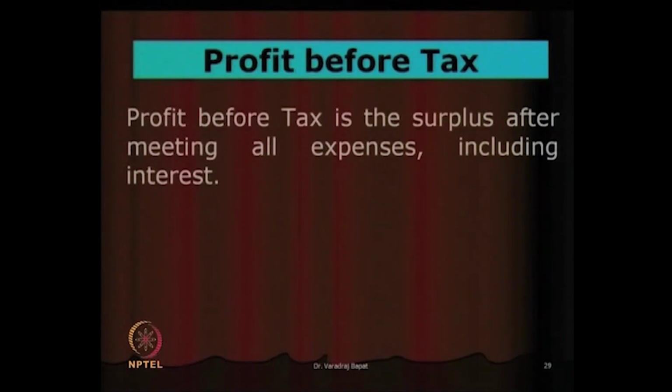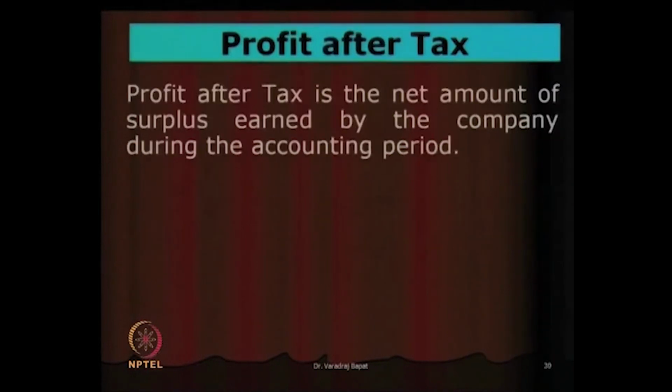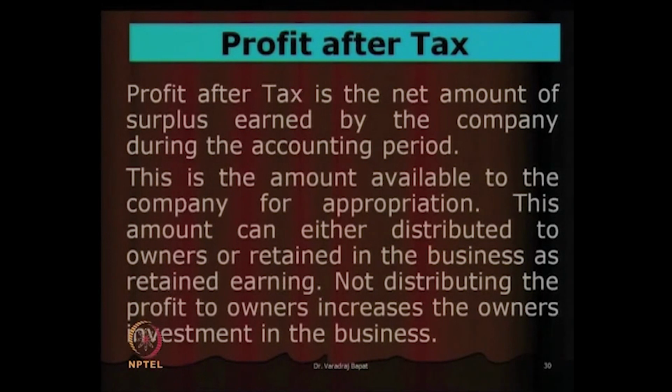Now, next is profit before tax. So, this is the surplus where all expenses are deducted, but taxes are yet to be deducted. Then we get profit after tax. So, profit before tax minus tax is profit after tax. This is a very important figure for the company, because this is the final amount which is available to the owners.